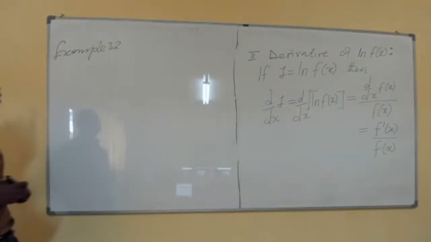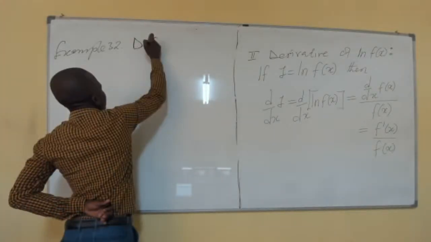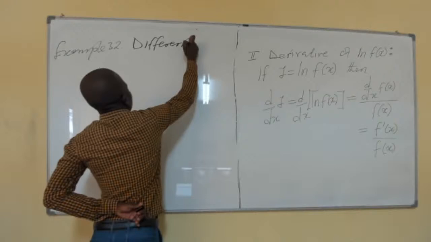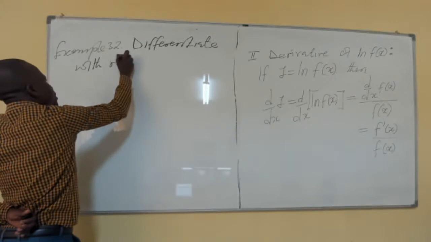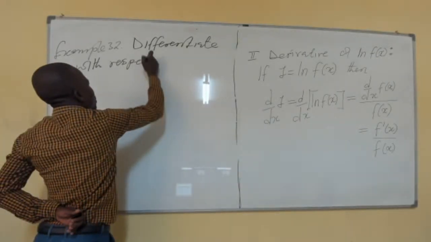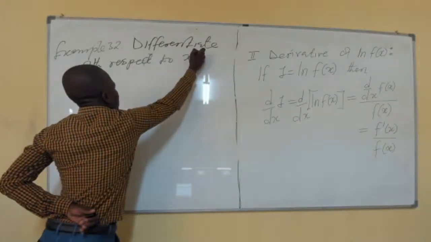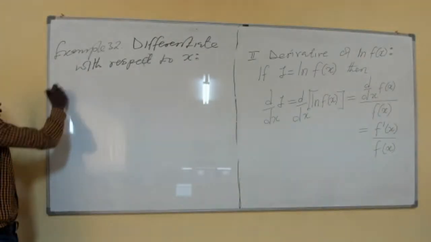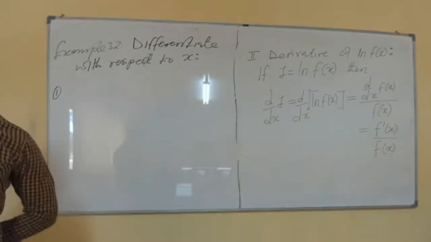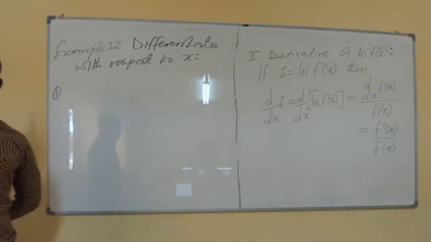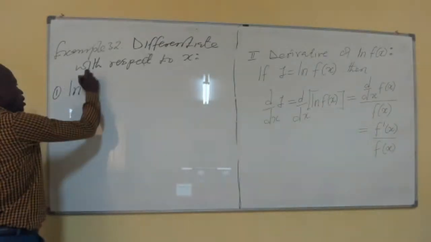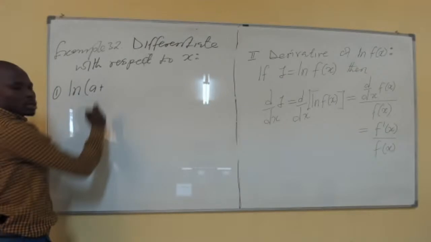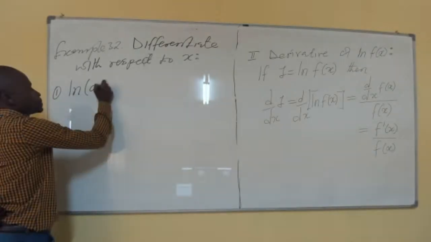So we are saying differentiate with respect to x the given function. I will not follow what is written in the notes, I'll just go directly. The first one is the ln of ax plus b.